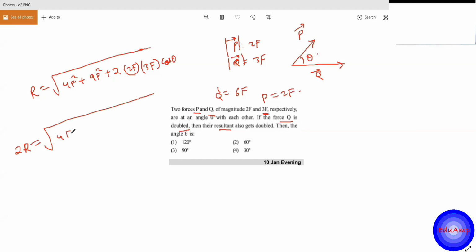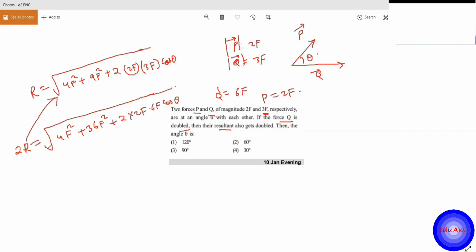So this is again the square root of 4F square plus 36F square plus 2 into 2F into 6F cos theta, right? Now this is 2R, and for this R, I can write this one here because I know this is R.